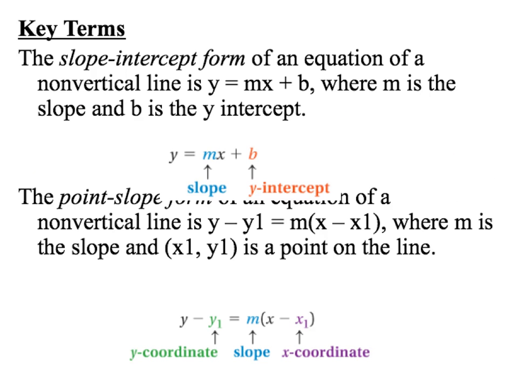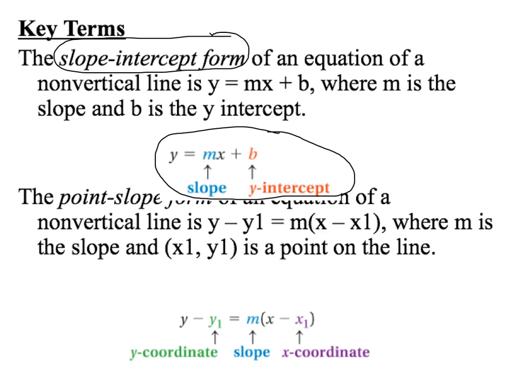We have 2 different formats for equations written with slope. We have slope-intercept form. Make sure to write this down along with this equation right here. Slope-intercept form is y equals mx plus b, where m is the slope and b is the y-intercept. The other form we have is point-slope form.